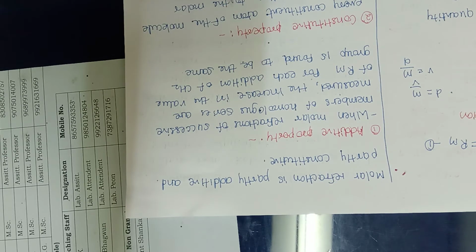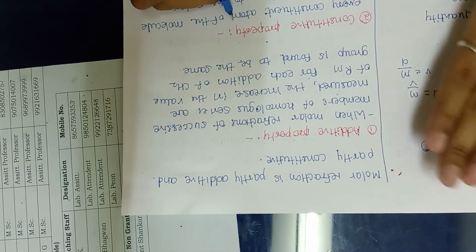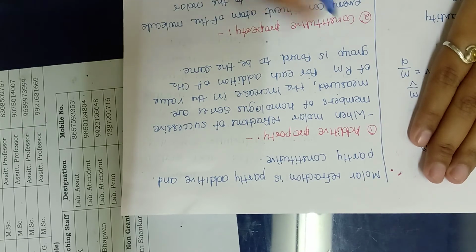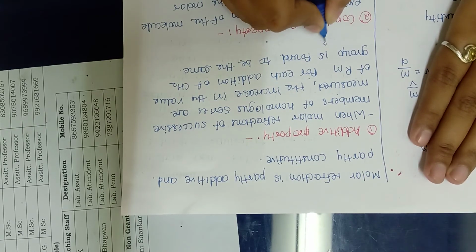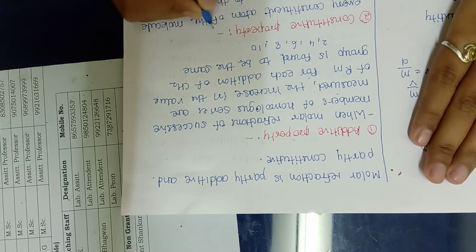When molar refractions of successive members of a homologous series are measured, the increase in the value of Rm for each addition of a CH2 group is found to be the same. We will see a very basic example: 2, 4, 6, 8, 10.